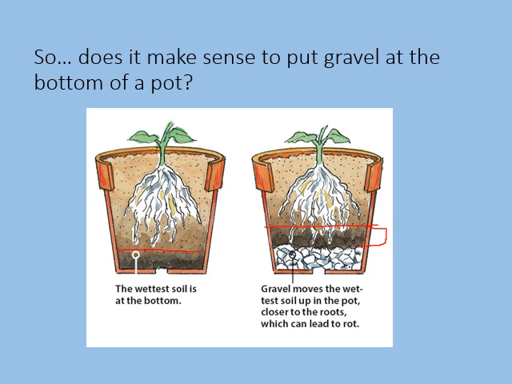What you're doing is pushing that zone of saturation closer to your roots. You're actually more likely to have root diseases in this type of pot configuration than you would had you not put gravel, because the saturation zone would be down lower, away from your roots. Now, there's still a hole in the pot, so when there's excess water in your pot that you can't contain anymore, it drains.